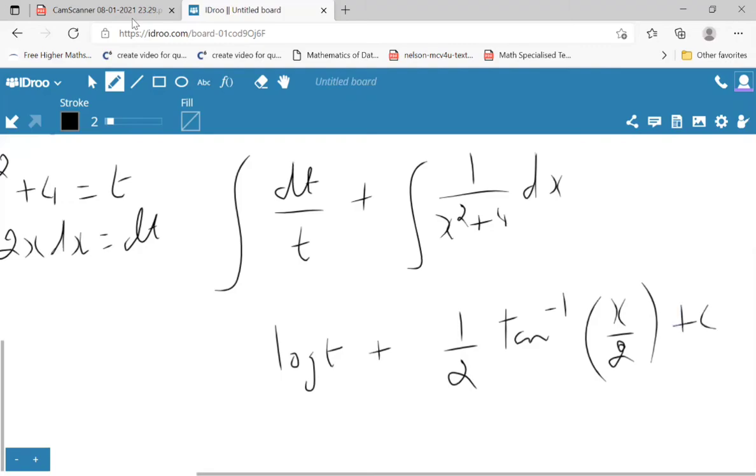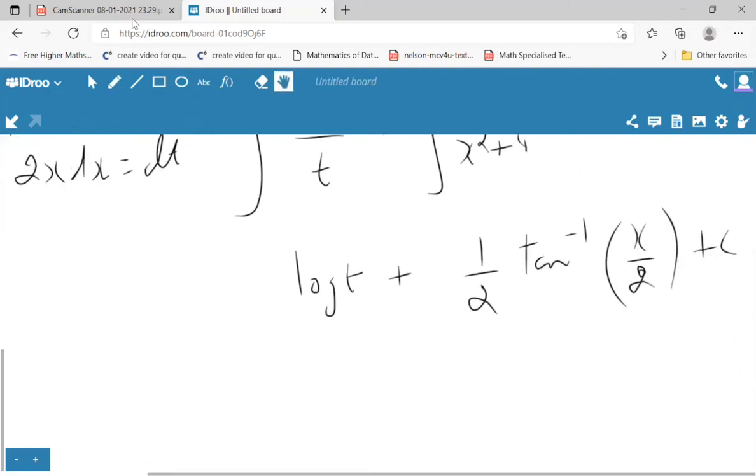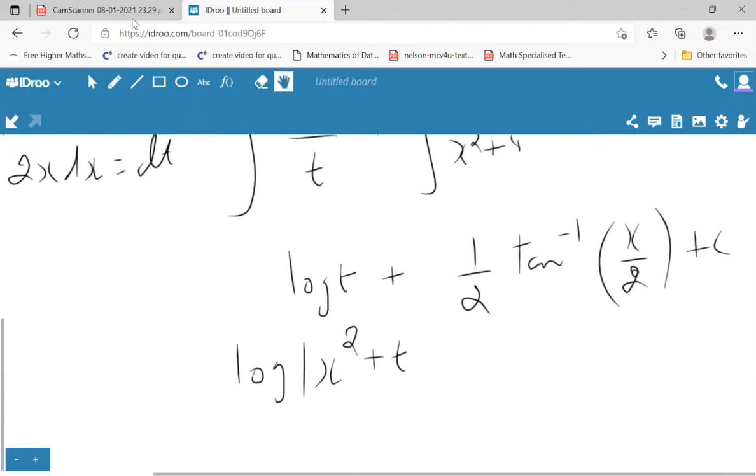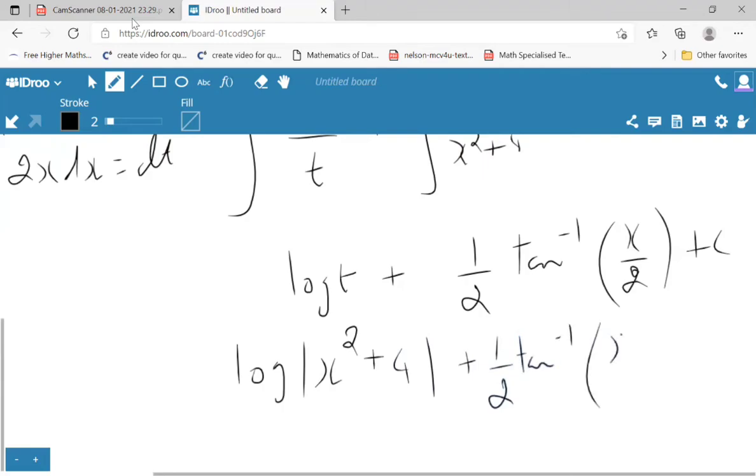Let us substitute back for t now. We took t as x squared plus 4. So that now becomes log of x squared plus 4 plus half tan inverse of x by 2 plus c.